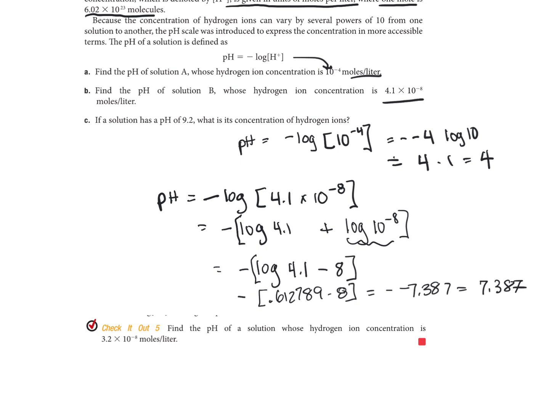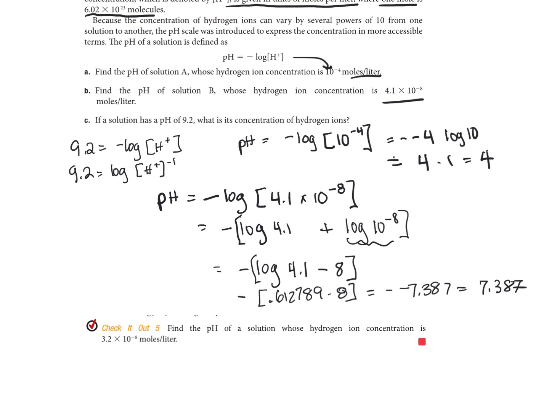If a solution has a pH of 9.2, what is the concentration of hydrogen ions? All right. Ouch. So we're going to solve 9.2 equals negative log of H+. There are so many ways I could do this. I'm going to make this into log 9.2 equals log of H+ to the -1.